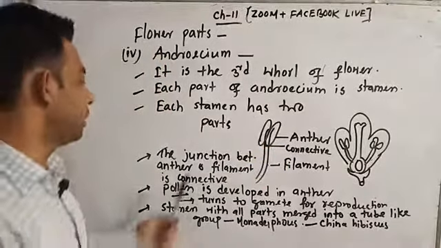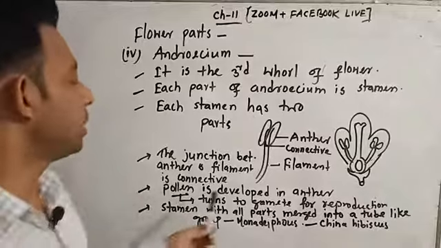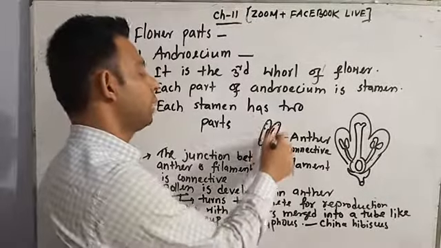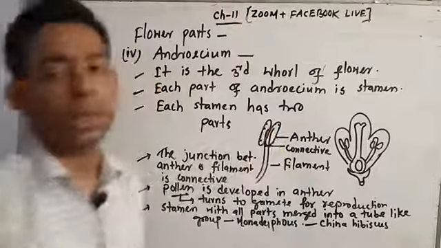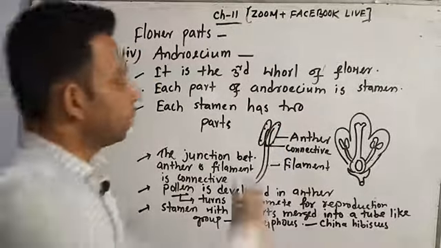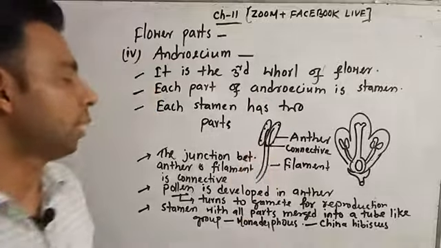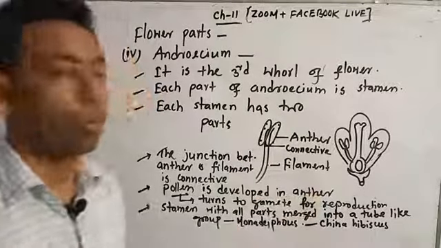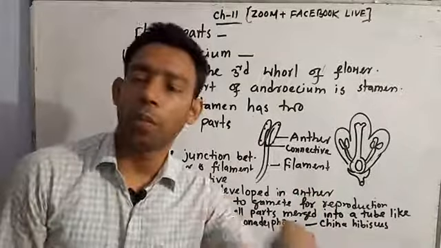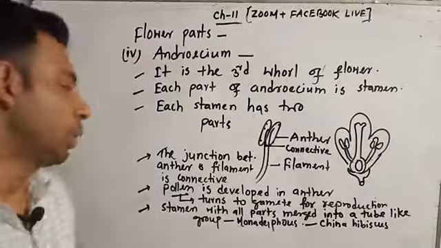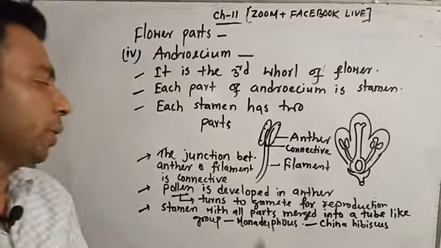We have written that. Pollen is developed from the anther. Pollen turns to the gamete for reproduction. Sometimes all the stamens, with anther, filament and all parts, merge into a tube-like group, and that is called monadelphous.